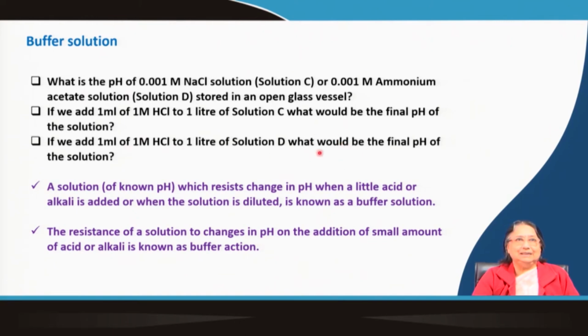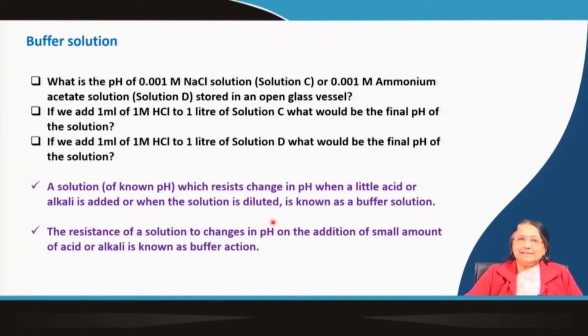Now, a solution of known pH which resists change in pH when a little acid or alkali is added, or when the solution is diluted, is known as a buffer solution. So a buffer solution is a solution which will resist the change of pH.